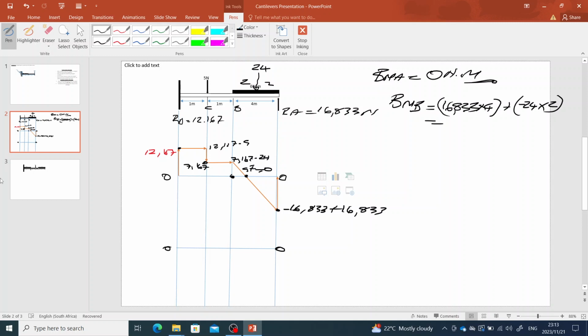I get my answer on the bending moment at B as 19,332 Newton meter.